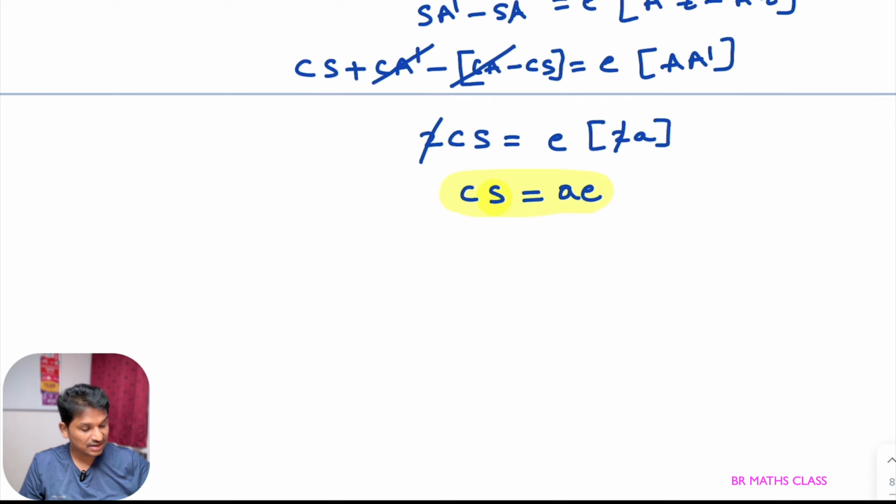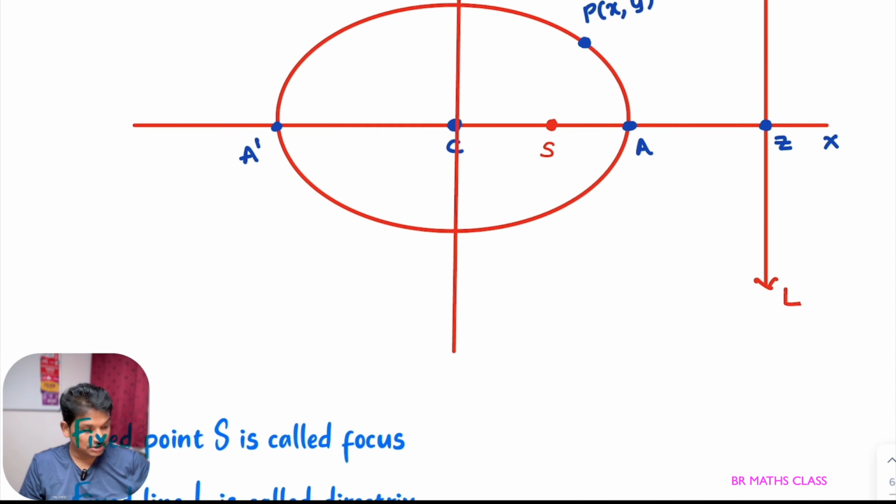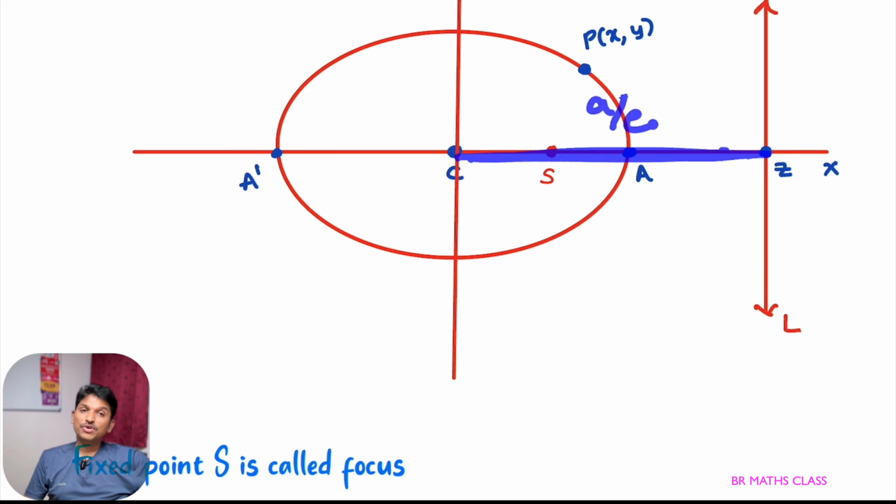As we got CS here, we can write focus S is AE comma 0. We got focus. Now CZ also we got, na. You observe here, where is CZ? See, this length we got CZ. What is this length? This length is A by E. From this we can say equation of directrix.